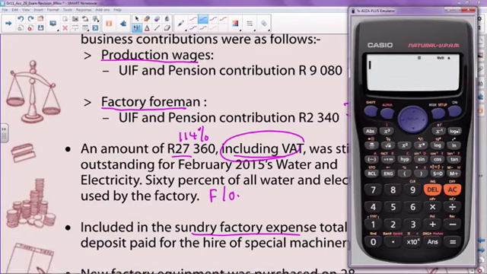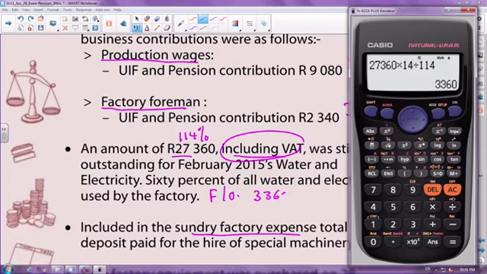I'm going to take 27,360 times, I want the VAT amount, so times 14, divided by I have a percentage of 114, so divided by 114, and that will give me the amount of VAT I can claim, which in this case is 3,360. Okay, not difficult. 3,360 is the input VAT that the business can claim.